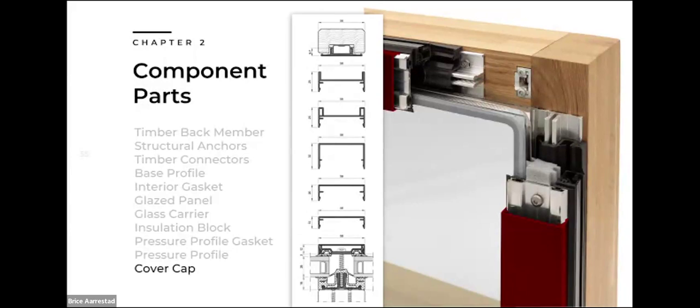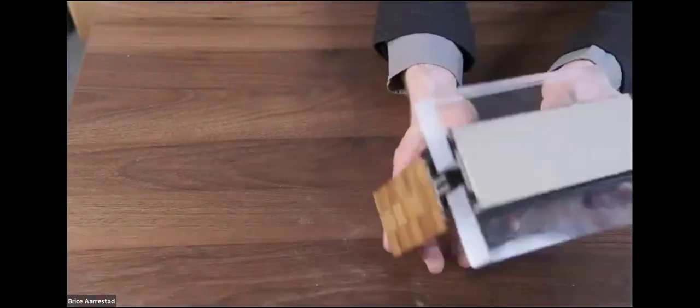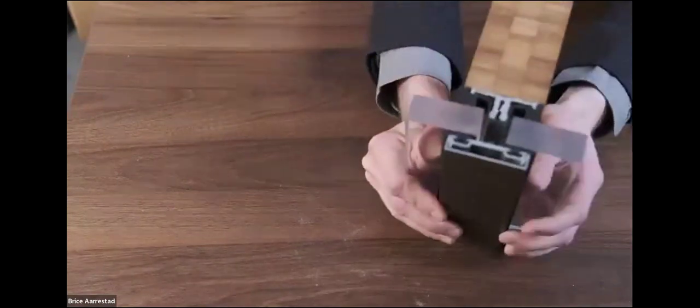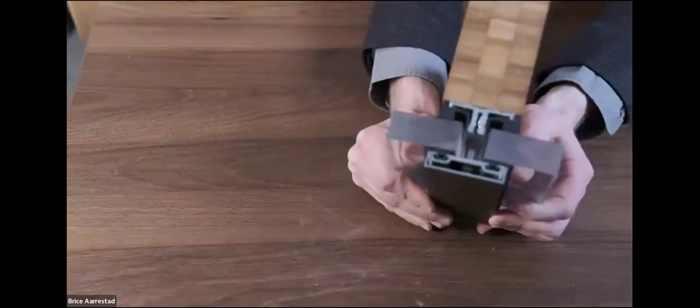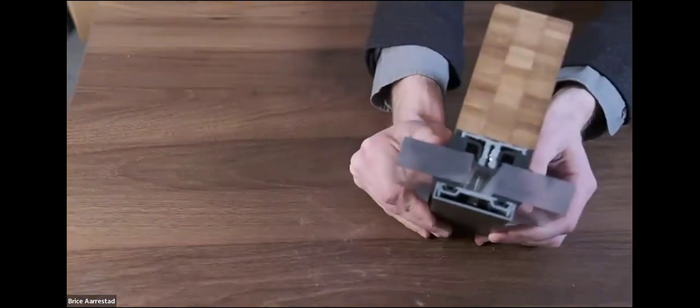Typically, we would use a 15 millimeter thick cover cap on the verticals and a 12 millimeter cover cap on the horizontals, so that there's a little bit of a shadow line between the horizontal and the vertical. Even on this sample here, using a light bronze anodized sample, when you see the cut end of it, it has a bright aluminum appearance.